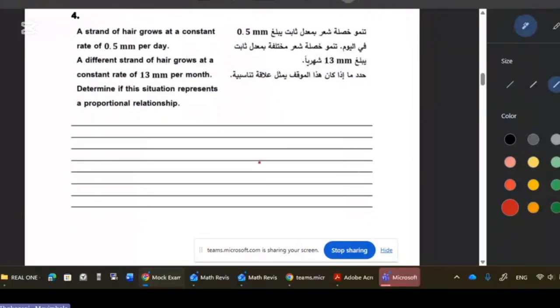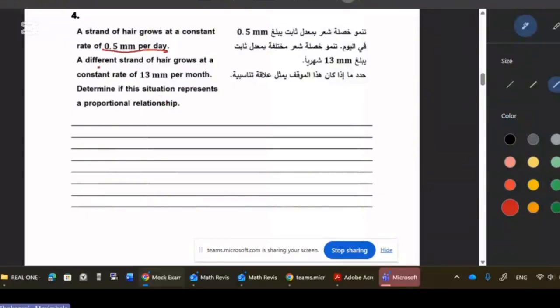Now let's move on to number 4. Okay, with number 4, it says here, a strand of hair grows at a constant rate of 0.5 per day, right?